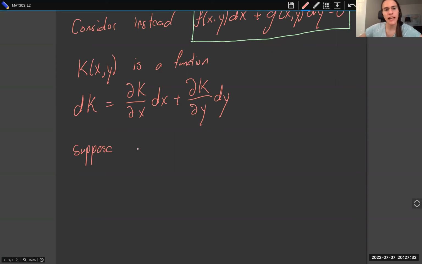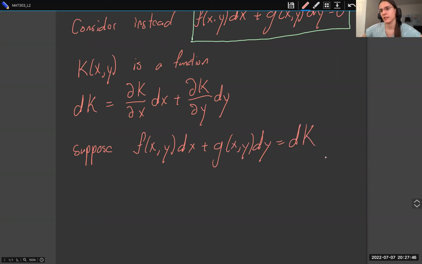Now, suppose that our equation f of x, y dx plus g of x, y dy is actually something of the form dk. Then the result is that the solutions are k is equal to c.